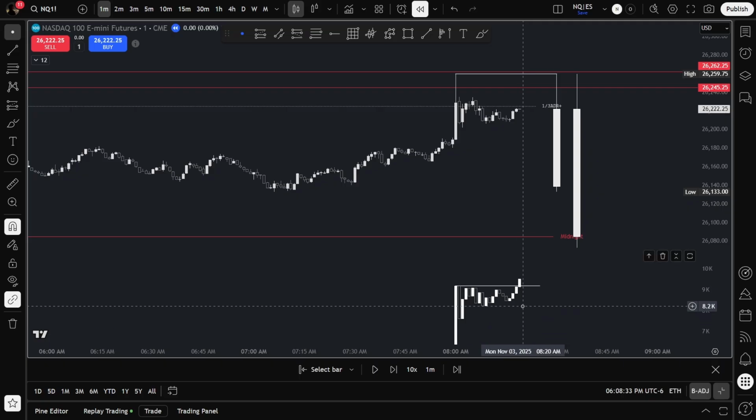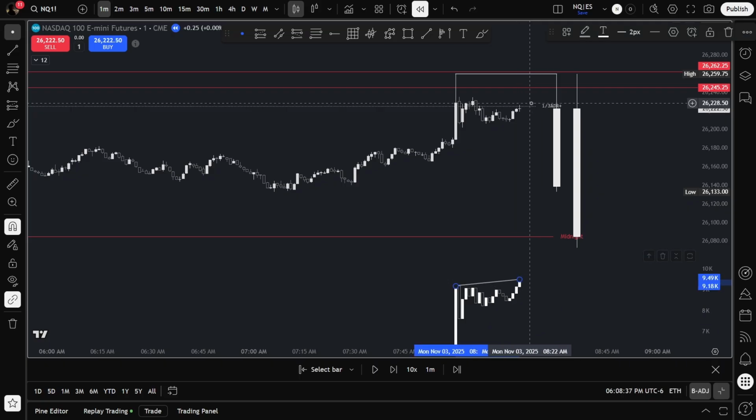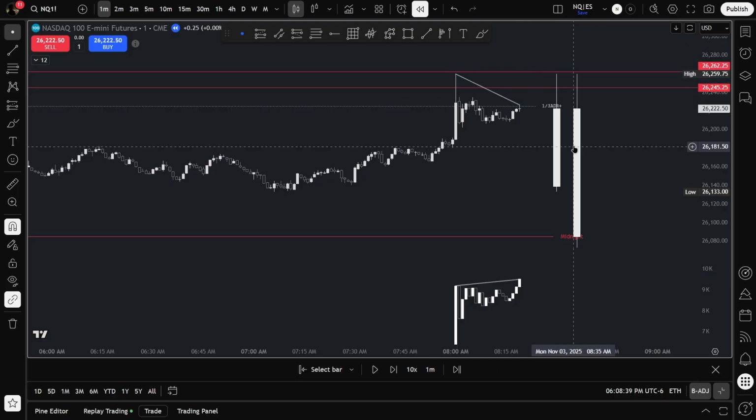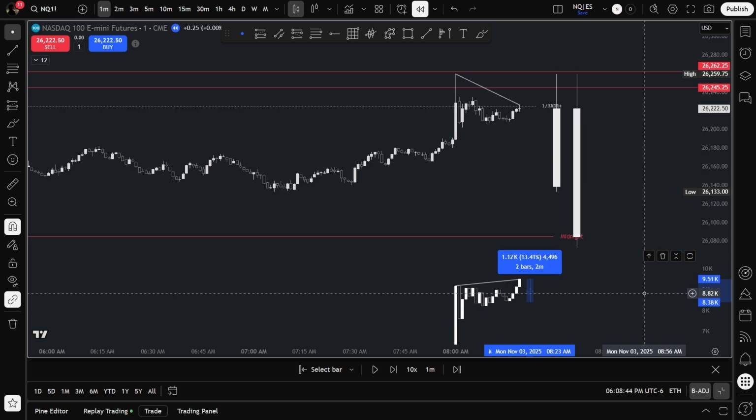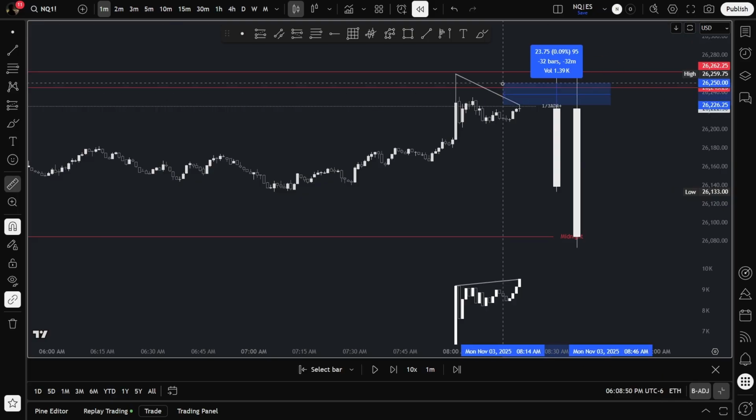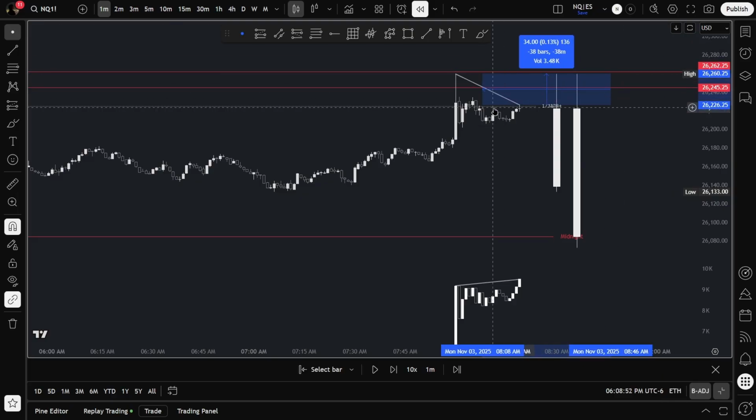Boom, check this out. You swept out this high on this candle, and on this candle you did not sweep out that same high. What this depicts is there are more aggressive buyers coming through, however price on the NASDAQ is not reflecting all that effort. That means there are some passive sellers up here forcing the price down.